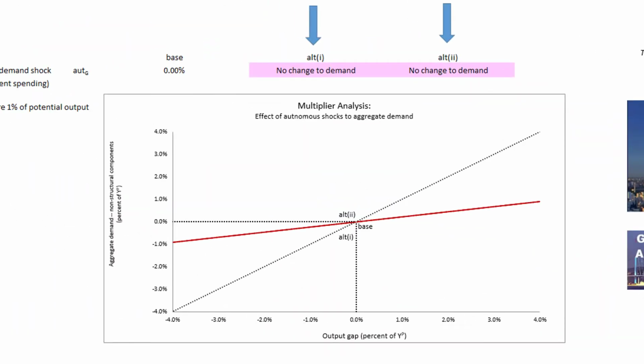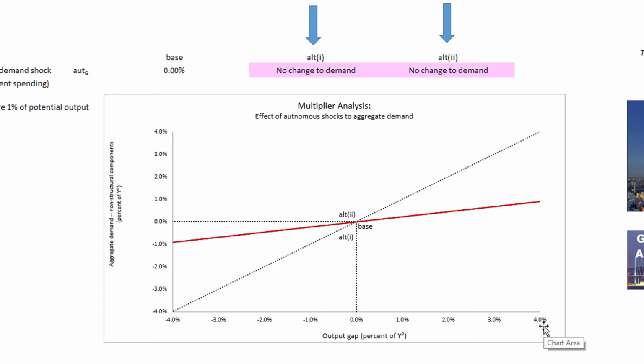So now, to help you visualize this, we have a nice tool, and you'll see this in your book, but we also have here, as you can see, an Excel-based tool. Here on the horizontal axis of this graph, we have, you may remember, the concept of the output gap.